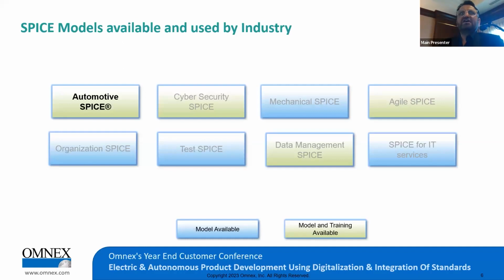And of course, the major one, or the more famous one, in fact, since VDA took over it became more famous, and cybersecurity is also. So the bottom line is, SPICE has everything. You name it, we have it. All the problems, we have the solutions for that.